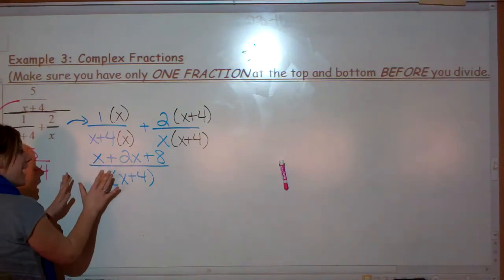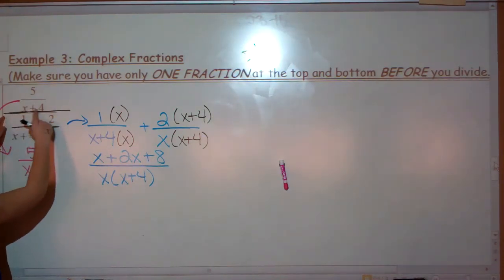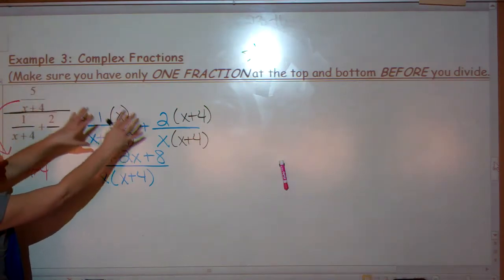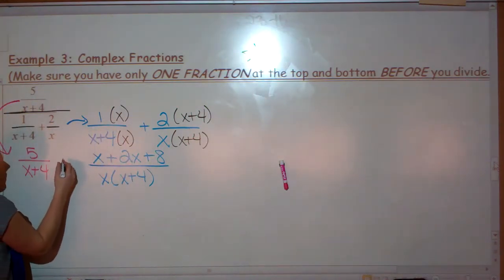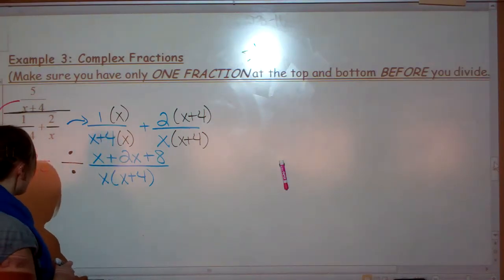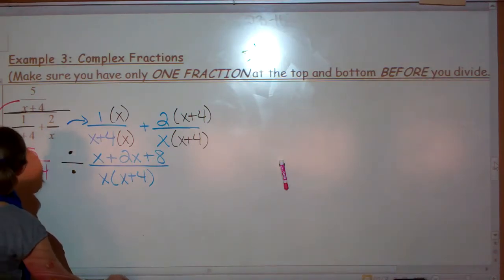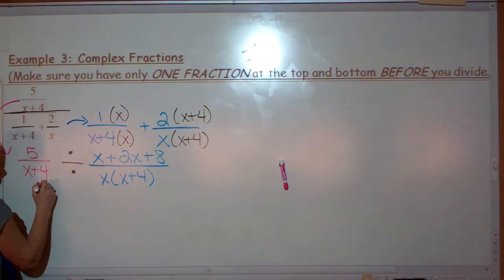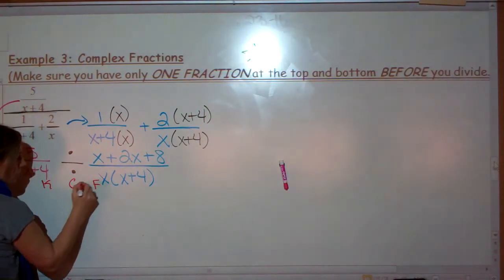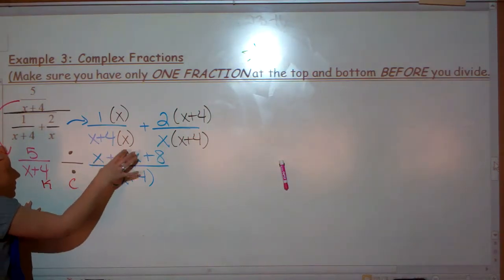Alright, so now that we have a fraction here and a fraction here, remember this one, the pink one was on top and the blue one was on bottom, so that means that we're going to divide those two fractions. And remember, when we divide, we use the phrase keep, change, flip. That way we make sure everything lines up. So, we keep it, we change it, we flip it.